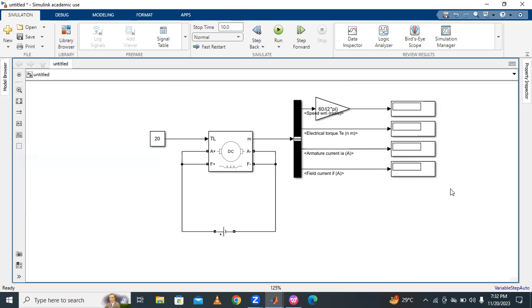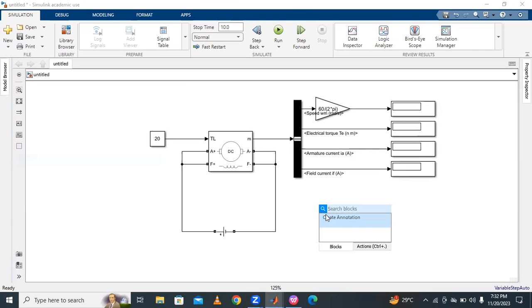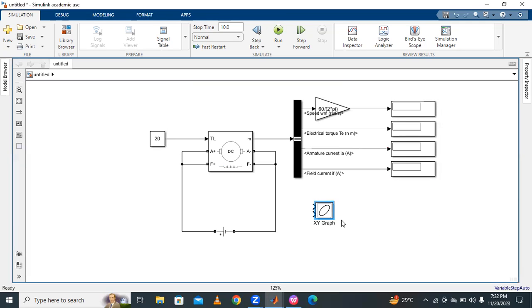And next, if you want to display the waveform, take an XY graph right here. The first graph is speed versus torque: this is speed, and next this is torque. Second graph, speed versus armature current.